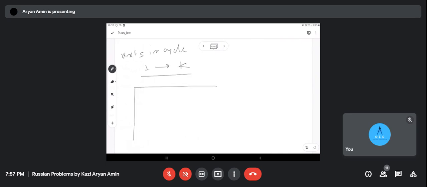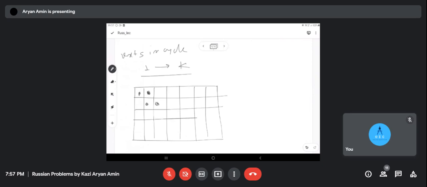Further, since we can rearrange columns at will, we can assume that these rows have a certain marking pattern. You can assume that the first row has these two vertices marked, the second row has these two marked, the third row has these two marked.